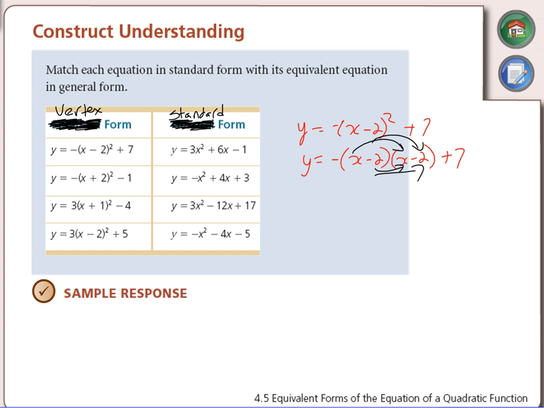Or remembering the rule, it's going to give us -(x squared minus 4x plus 4). And then distribute in that negative. And combine your last two terms together.